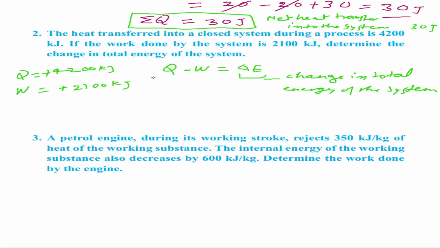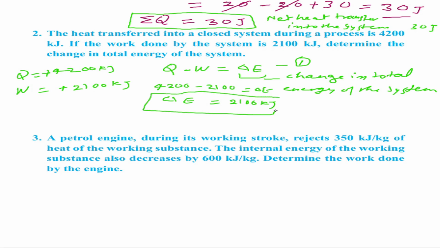When we put these values in equation 1, we get 4200 minus 2100 equals delta E. So from here delta E, the change of total energy, equals 2100 kilojoule. So this is the answer for question 2.